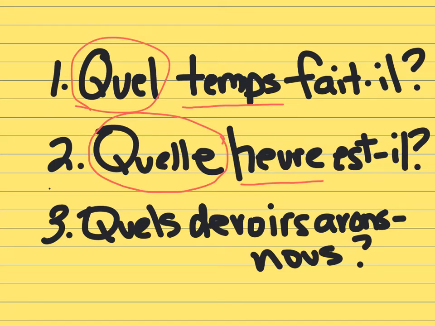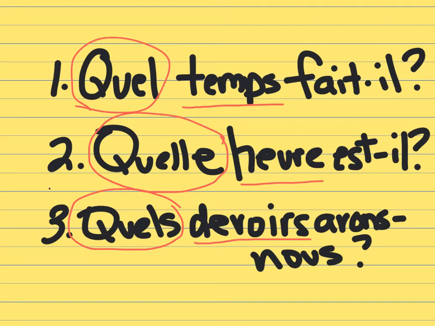And then quel devoir avons-nous? What homework or what homeworks do we have? So we need to decide whether that's feminine or masculine, whether it's plural, based on the quel. So if you see quel in this form, Q-U-E-L, it is the masculine singular form.